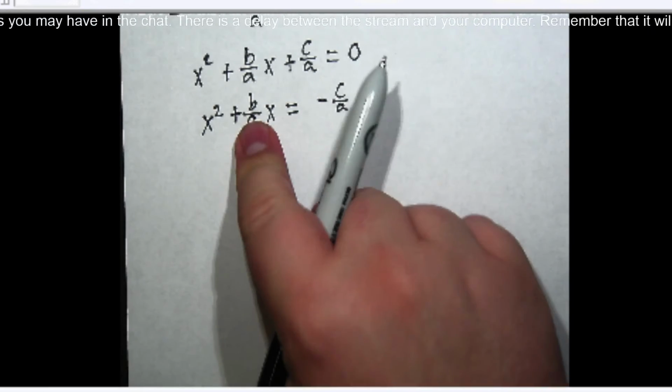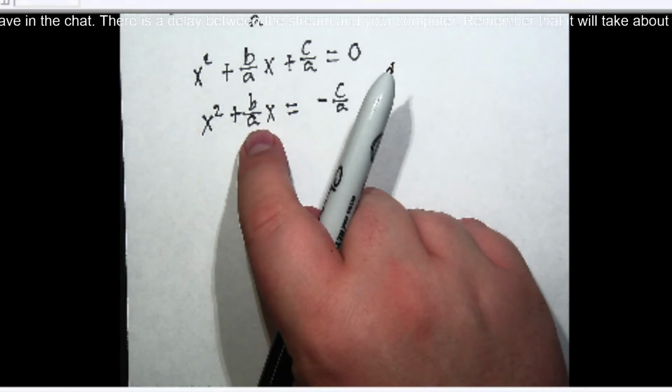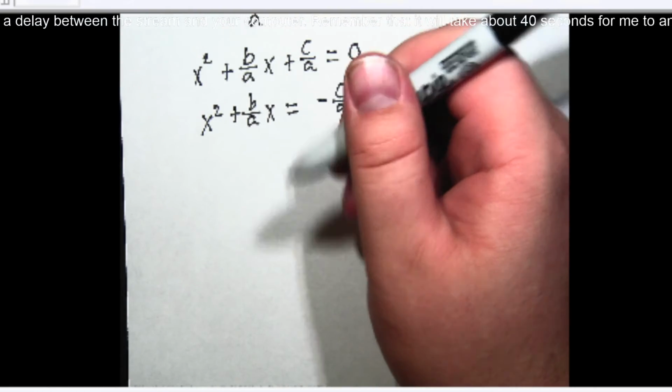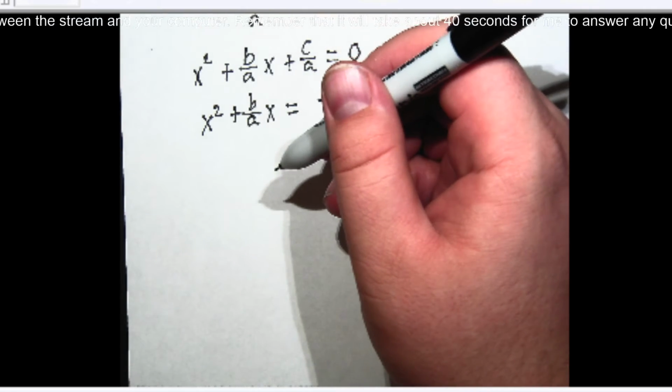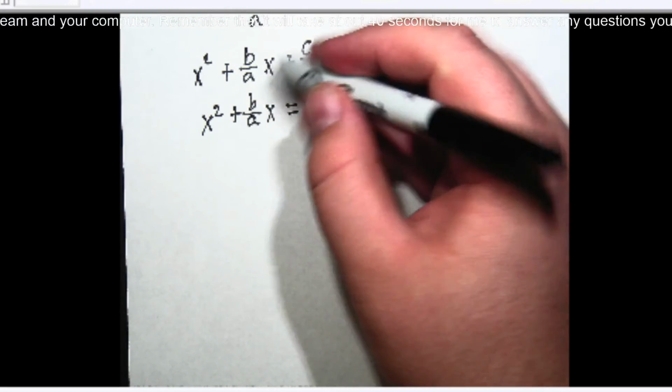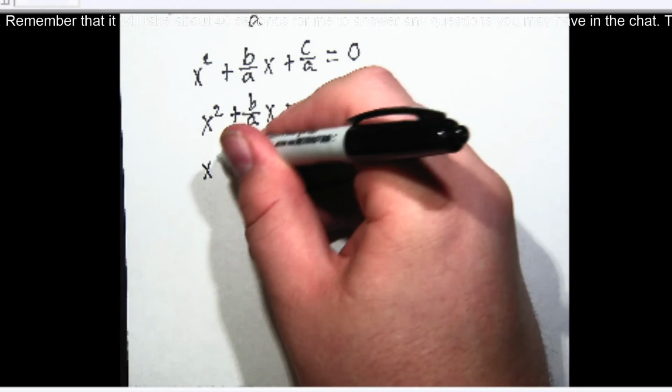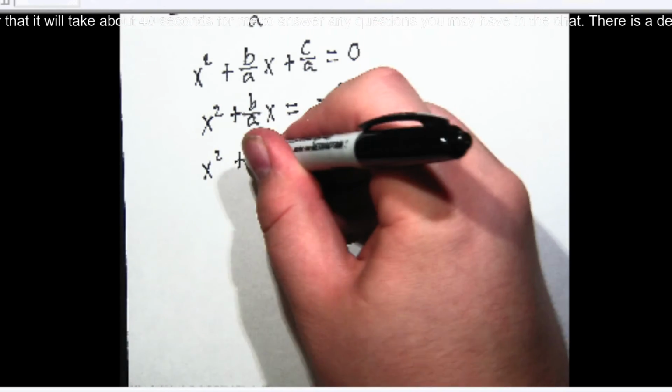We take half of this number and square it. So half of this number, in other words, b over a times 1/2, would be b over 2a. And we will add that to both sides.